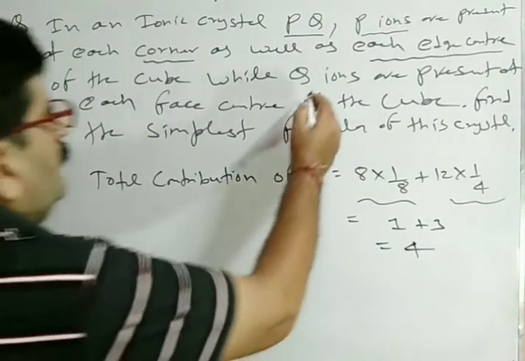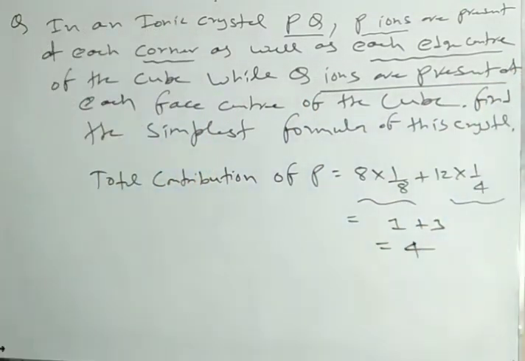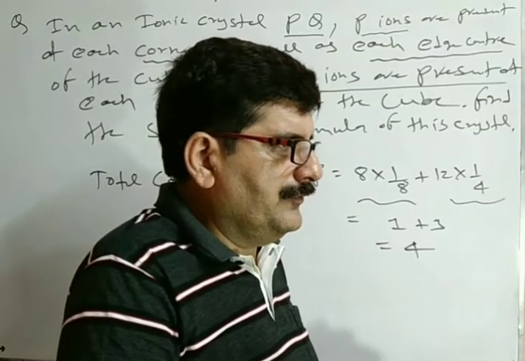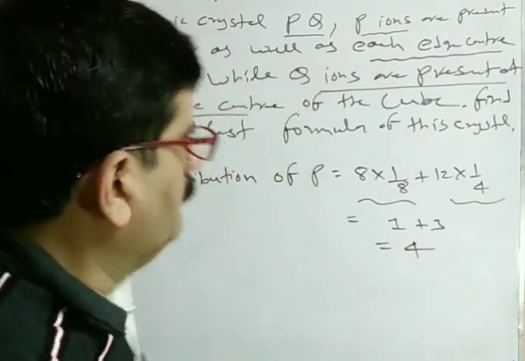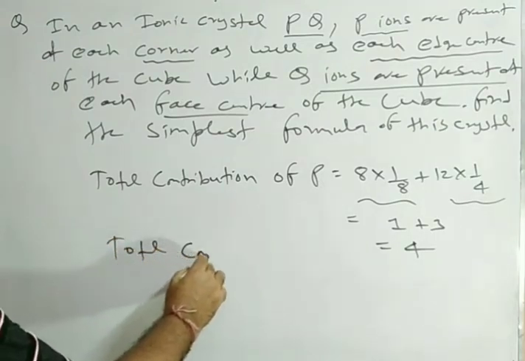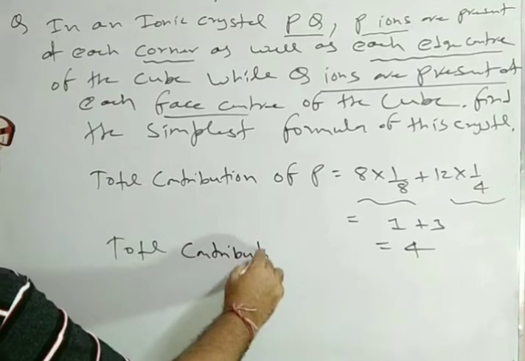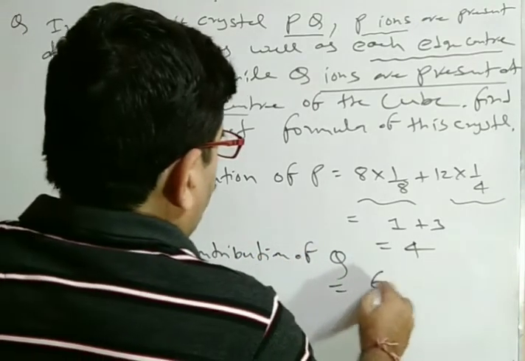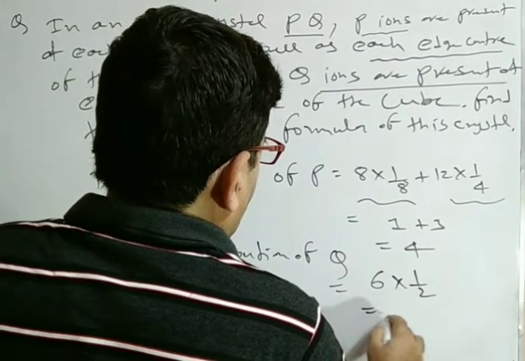Again, Q ions are present at each face center. We know that contribution from one face lattice point is 1 by 2, and the total number of faces present is 6. So total contribution of Q is equal to 6 into 1 by 2, which is 3.